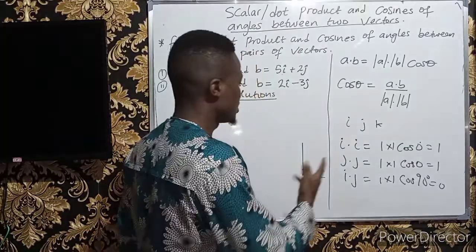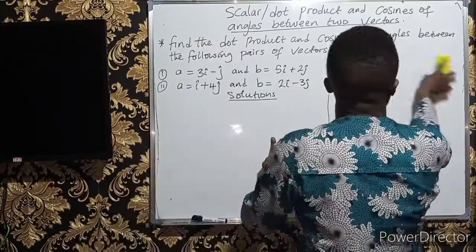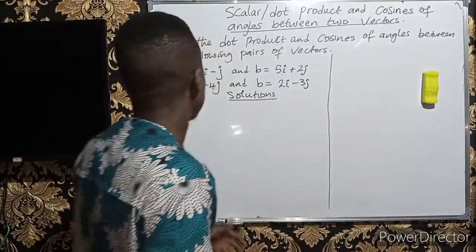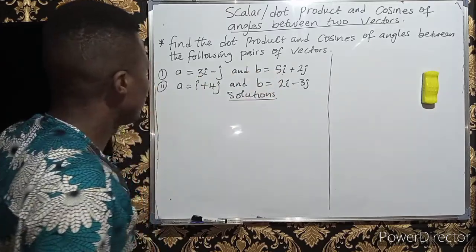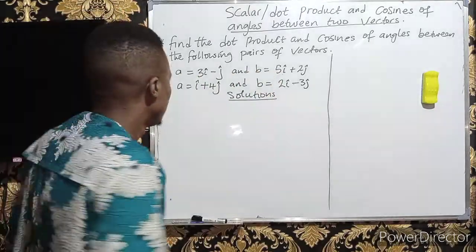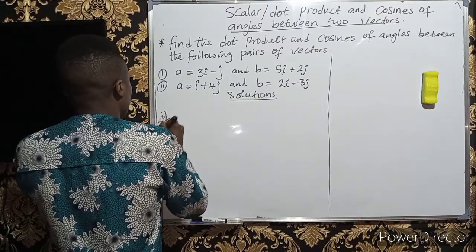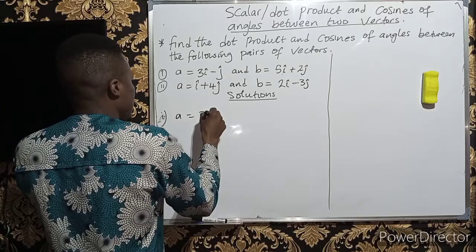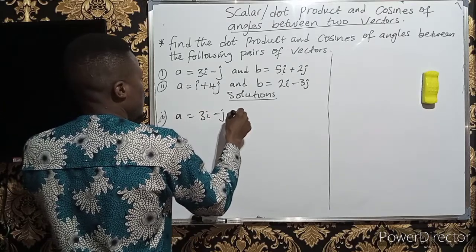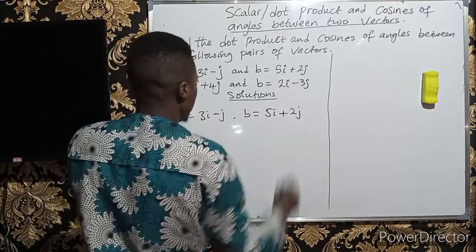Now let us employ these things we've learned in dealing with this particular problem here. We are to find the dot product and cosines of angles between the following pairs of vectors. For the first one, number i, we have A as 3i minus j, and our B as 5i plus 2j.